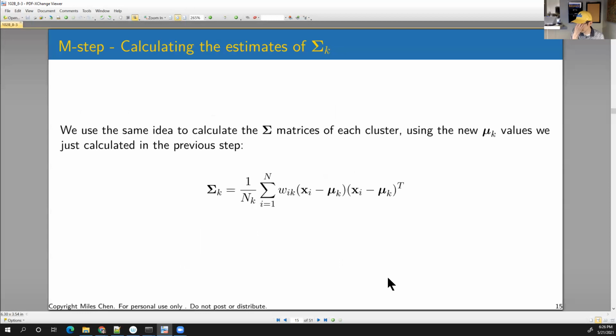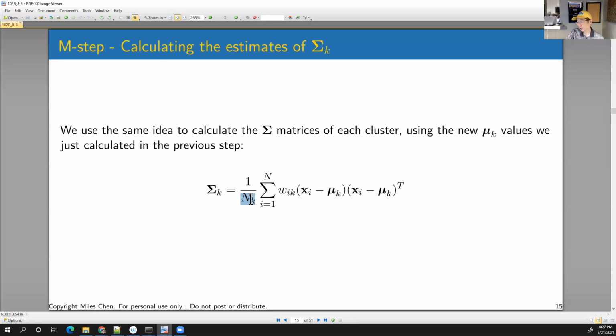Right, and then the last thing is calculating the estimate of your sigma matrix. Effectively this boils down to just a weighted version of getting your sigma matrix. If there were no weights, and we just asked what's the sigma matrix of some set of observations, you would just do x minus mu times x minus mu transpose, and then for the MLE you divide by n, and otherwise you divide by n minus 1.